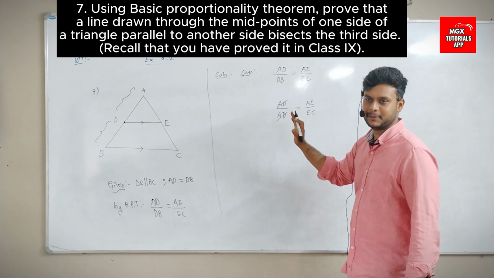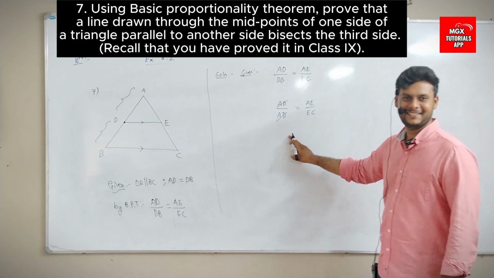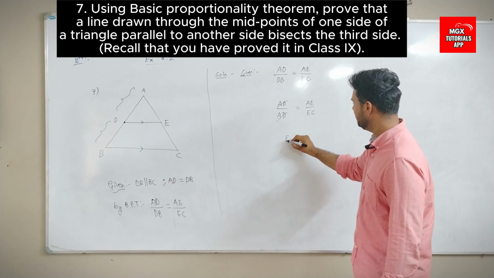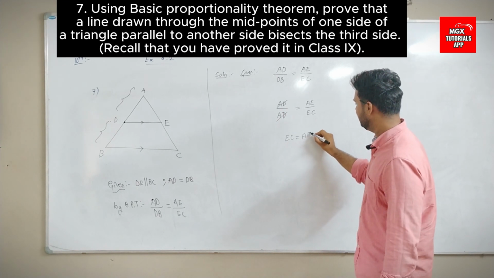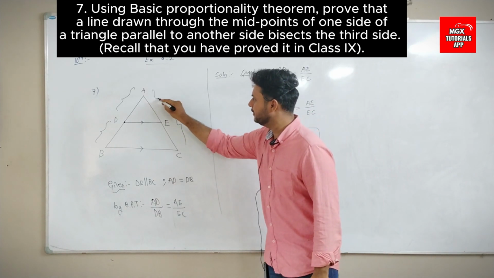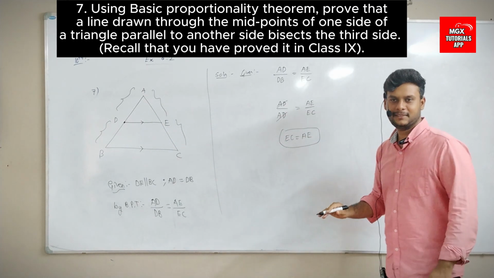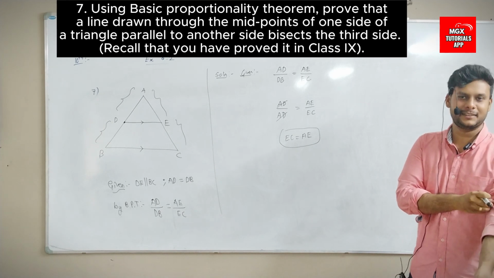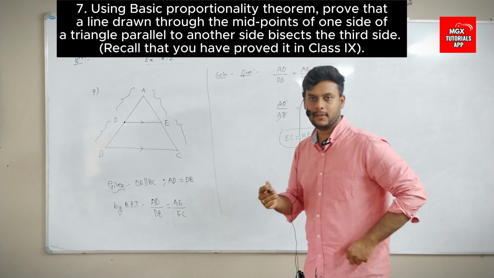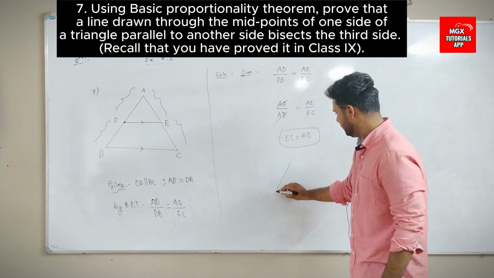If you understand this, sum is over. Any doubts? Okay. Now one is there here. EC will go here. EC is equal to AE. But then easy. Only 3 steps. So we got our answer. Any doubts? What did I prove here? See here.